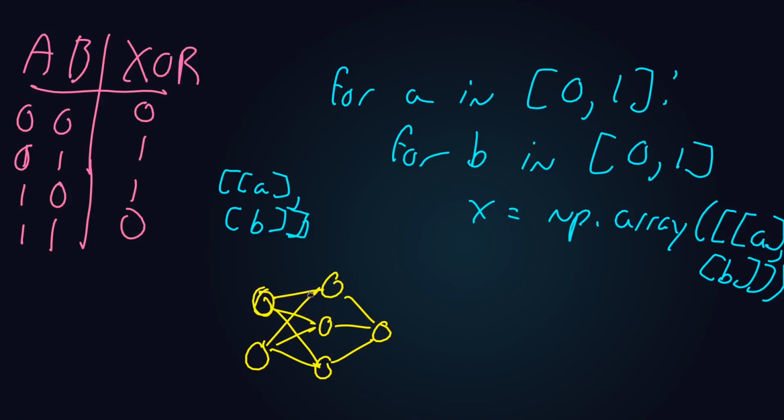And you don't. If you already know how to learn the XOR rule and you want to learn the AND rule, you can reuse this, because XOR is 2 inputs, 1 output, and AND is 2 inputs, 1 output.